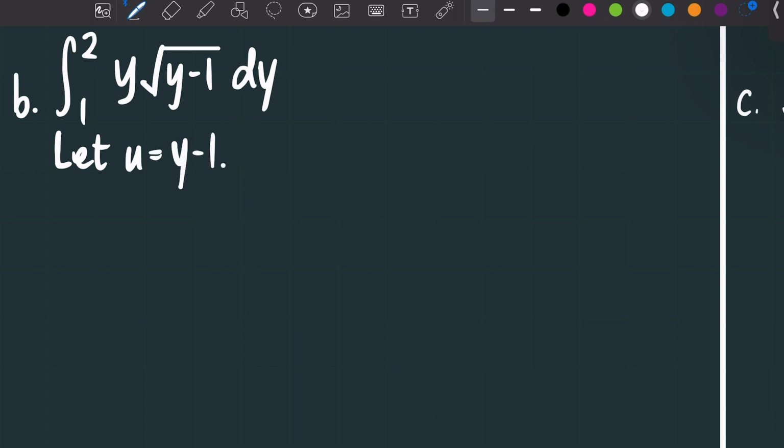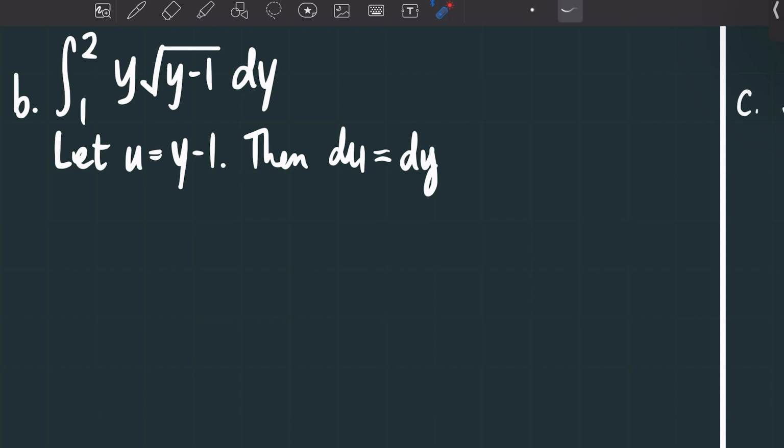So, kung yung u natin is y minus 1, ano yung du natin? So, du natin is just the derivative of y minus 1, which is 1, multiplied by dy. So, du equals dy. Pero dahil nag-u substitution tayo, and we're obtaining the definite integral, kailangan din nating palitan yung bounds.